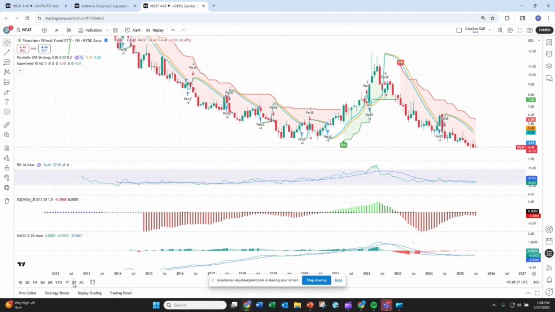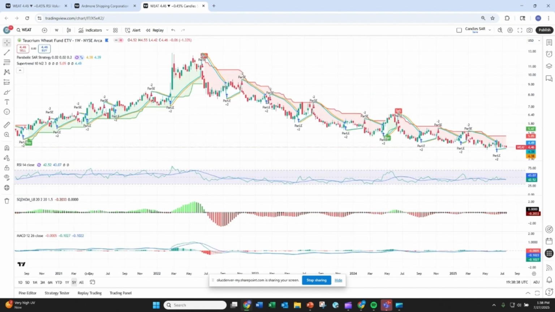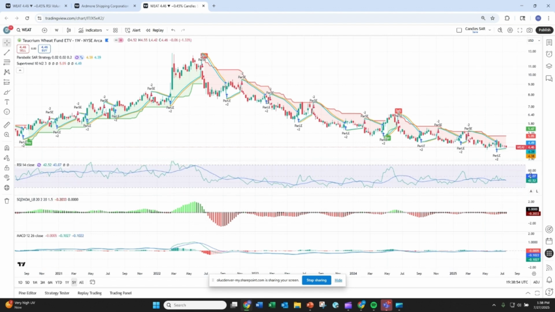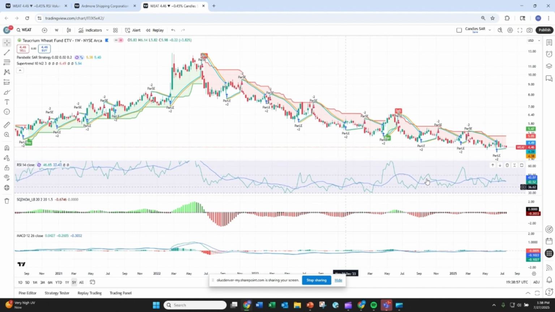If I take it to the weekly, we have a buy now with the SAR strategy, but we've had a lot of them. The super trend is still in the sell. We can look up here, and so this is positively trending RSI.